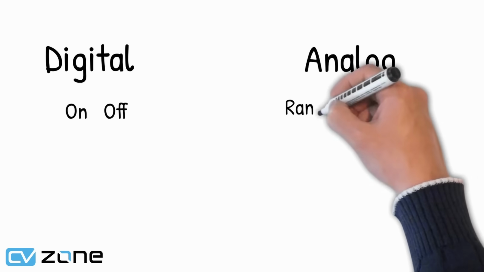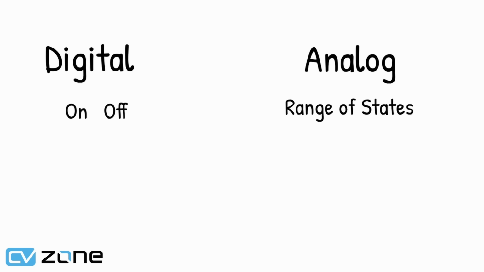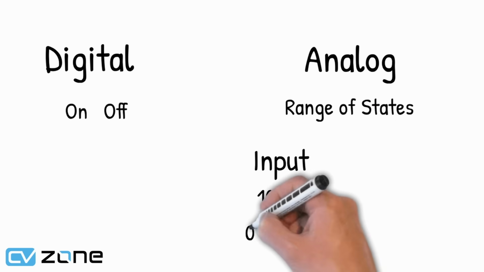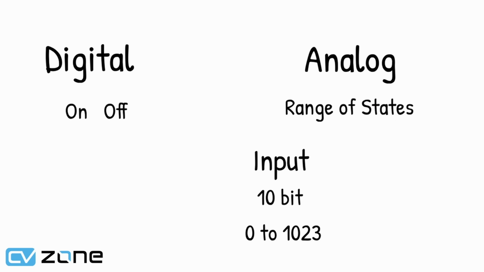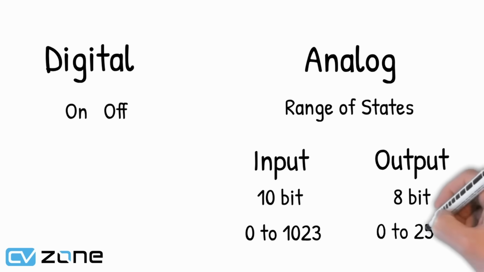Digital signals have two states, whereas analog signal has a range of states. For analog input, the Arduino uses a 10-bit value, which ranges from 0 to 1023, and for analog output, it uses an 8-bit value, which ranges from 0 to 255.